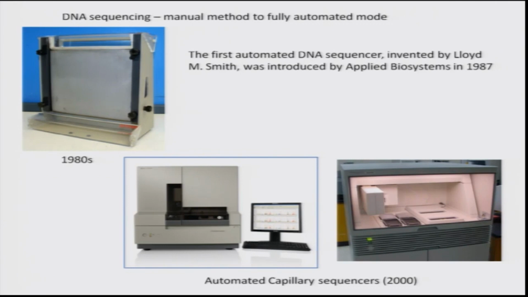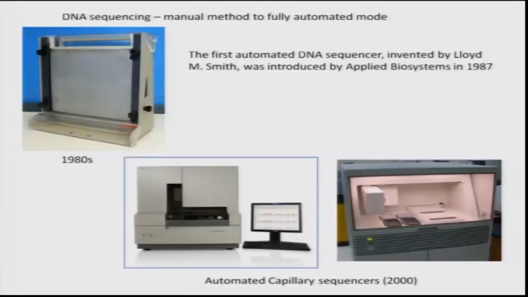So you have machines which can take up to 380 samples, do all the sequencing on their own, give you the sequence in soft copy, be it on a server or pen drive, whatever it is, and you can analyze them without any human intervention. So things have changed. There were companies that really helped in developing such technology.